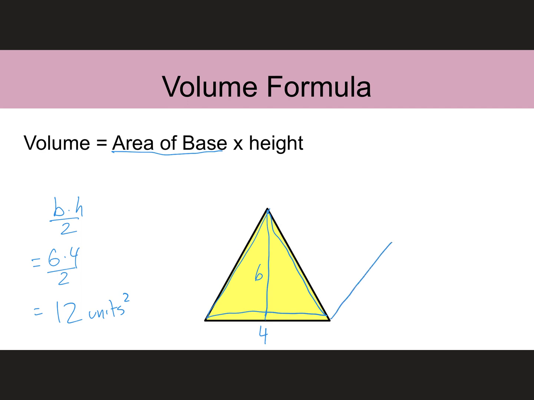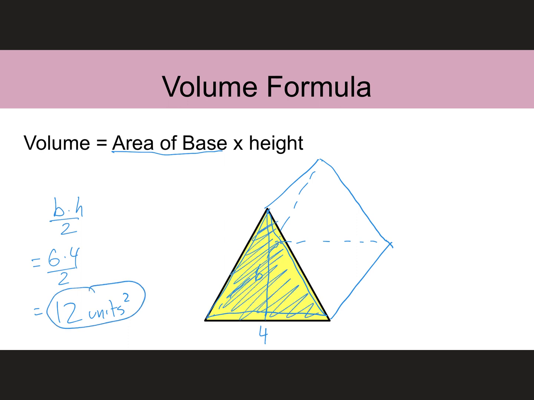Now we're going to multiply by its depth. So let's see how far back it goes. Now let's imagine the shape continues to go further back, and it looks something like that. All right, so the front of the shape, the yellow part, I know has an area of 12, and let's say it goes back 5 units.